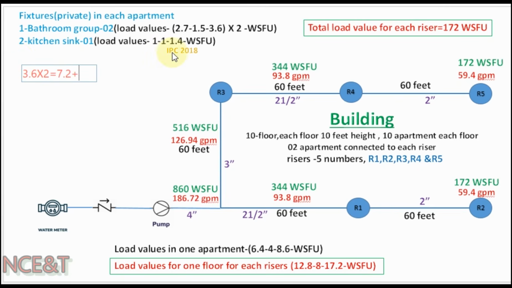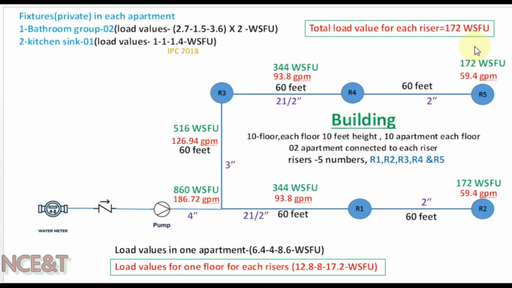Plus 1.4, it will be equal to 8.6. As one riser is serving 2 apartments on each floor, the load value for one riser on each floor will be 8.6 times 2, which equals 17.2 water supply fixture units.